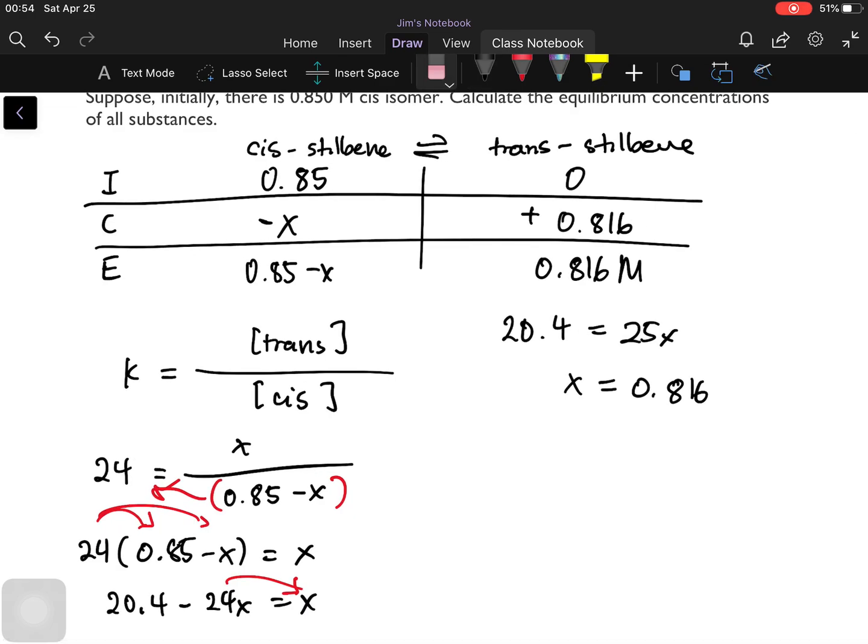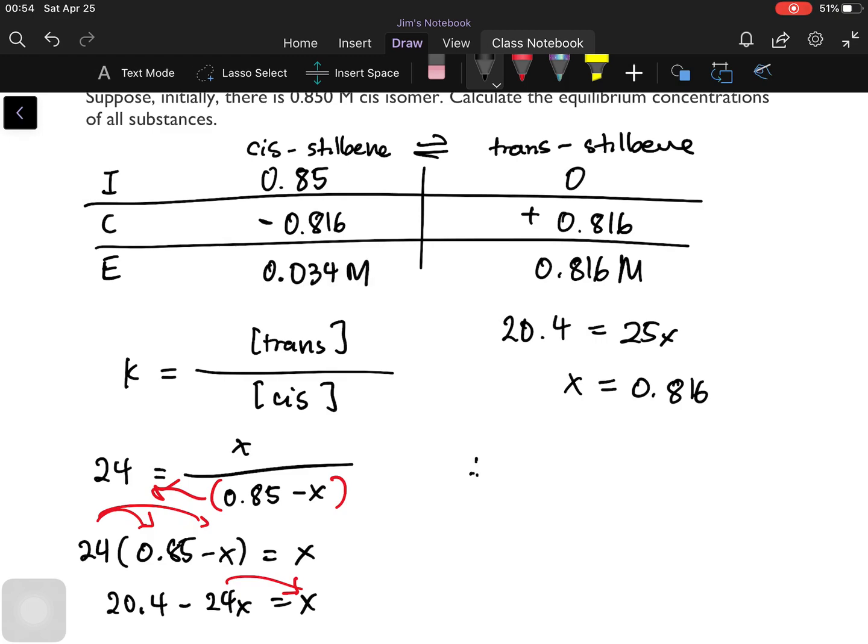For the cis isomer, that is negative x, or negative 0.816. 0.85 minus 0.816 is equal to 0.034 molar.